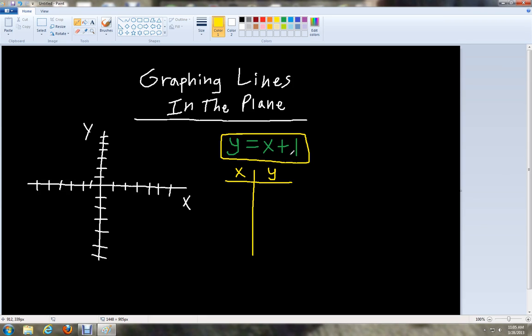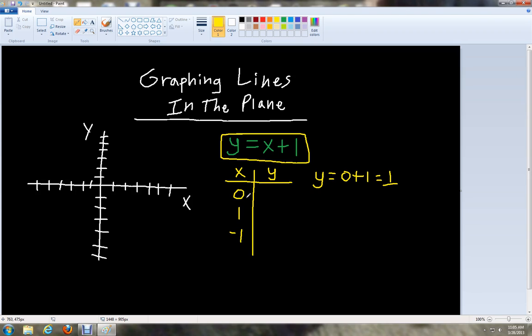We're just going to select some values for x to put into our equation. We'll have 0, 1, and negative 1. We'll start off with some simple values to plug in for x, and then we can get our y values. If we plug in x equals 0, we get y equals 0 plus 1, and 0 plus 1 equals 1.